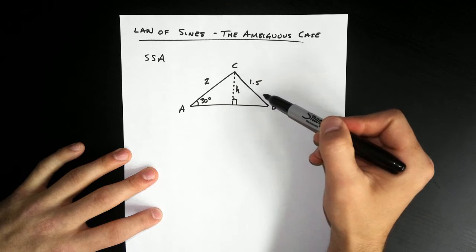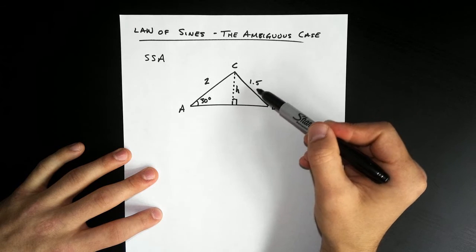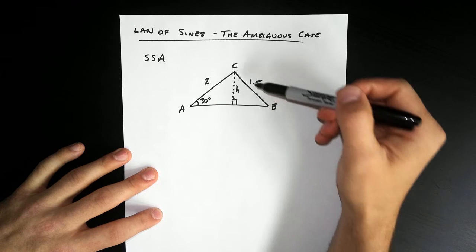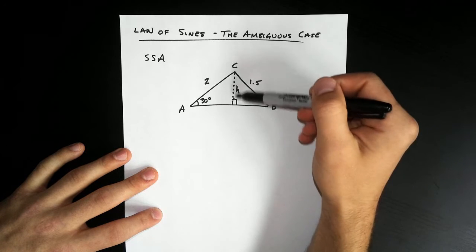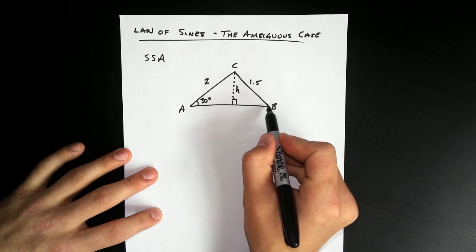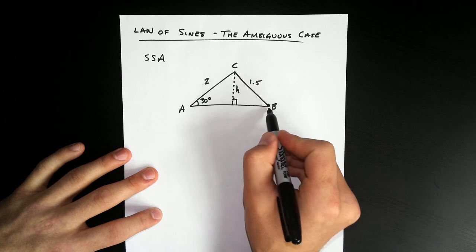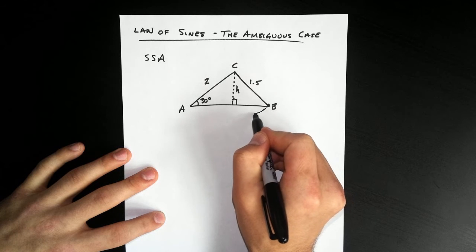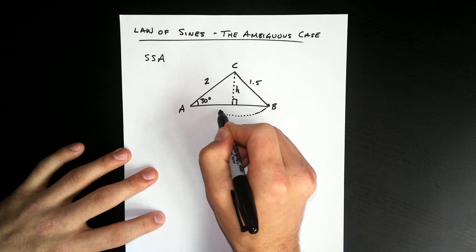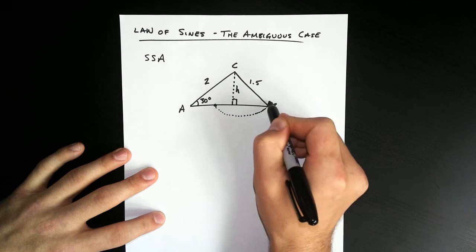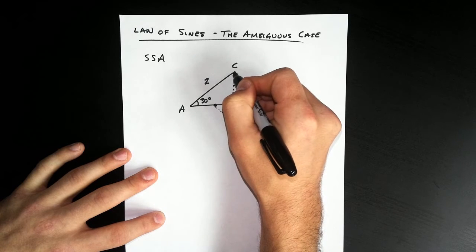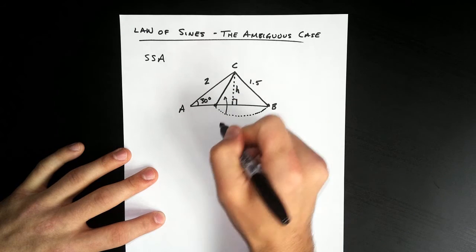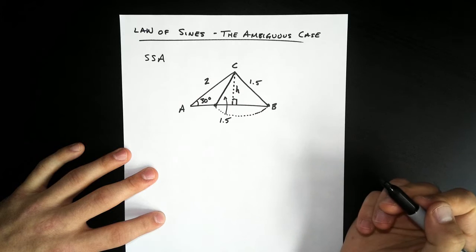Because this side opposite the angle is smaller than my second side that I know, and because it's bigger than the height of the triangle, I could actually take this length, and you can think about it as a reflection, or if I rotate this in, I can swing that through, and I could actually draw a second triangle that has those same three pieces of information.